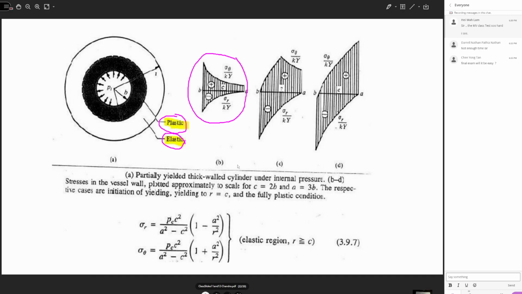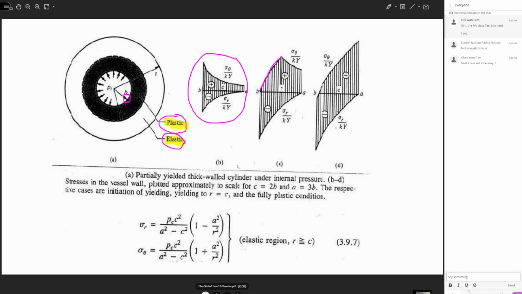You can see two categories here. This is B. You can see the tangential stress increases till the plastic limit.